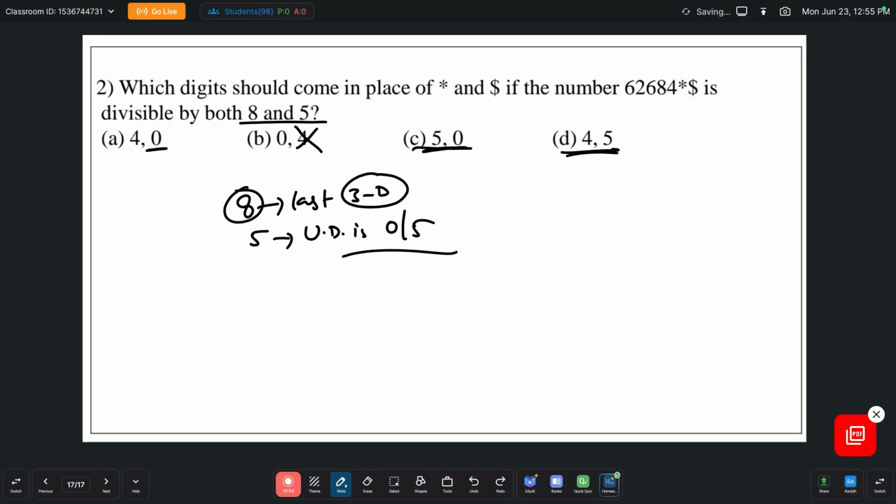So we are having 3 options, and for the divisibility rule for 8, we take the last 3 digits. In the given numbers, the last 3 numbers will be 4AB. Options are: the last 2 digits may be 40, or 50, or 45.